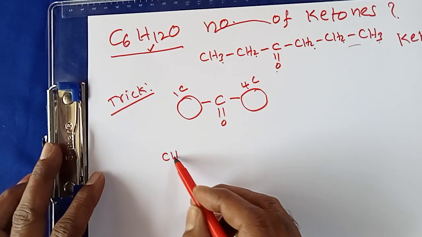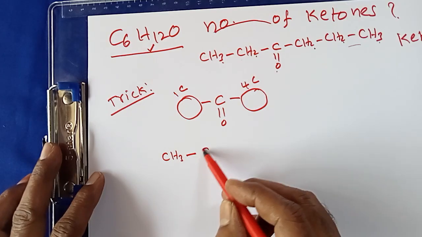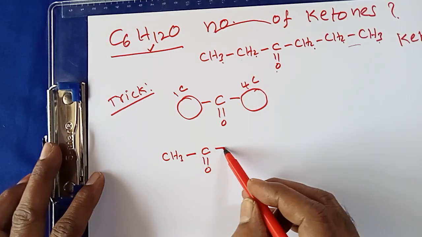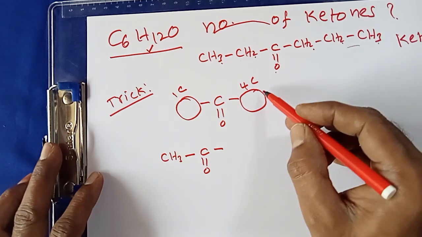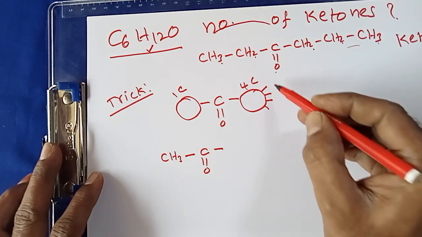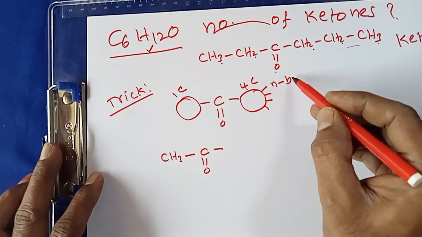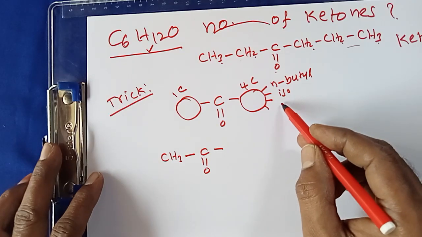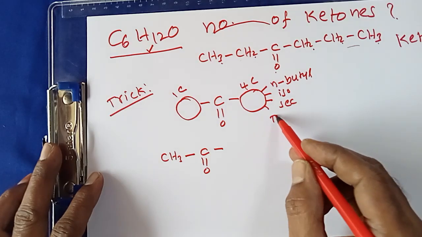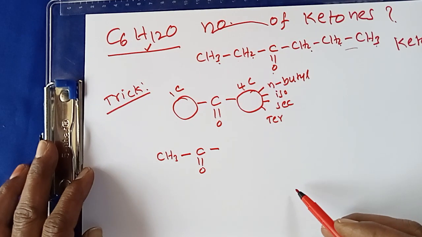Here CH3 bond C double bond O. Next, 4 carbons means just now we discussed total 4: 1, 2, 3, 4. Which groups do you write down? N-butyl. Another one isobutyl. Next secondary butyl. Then tertiary butyl.